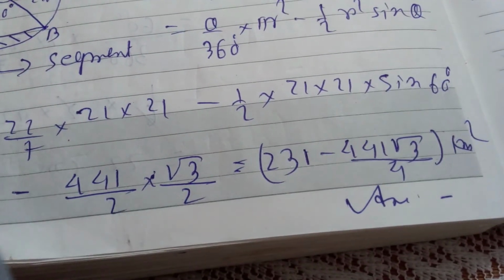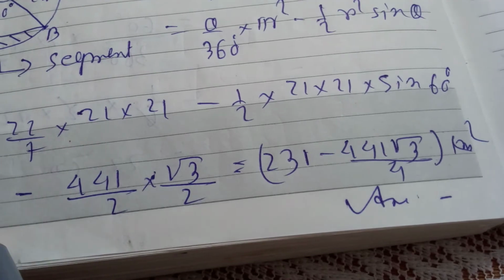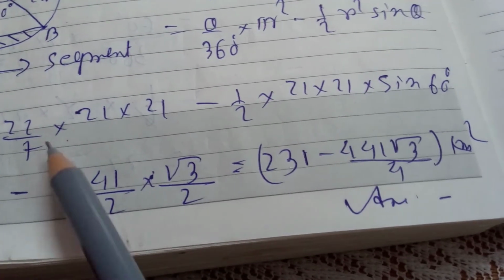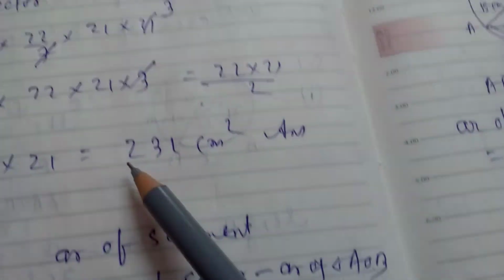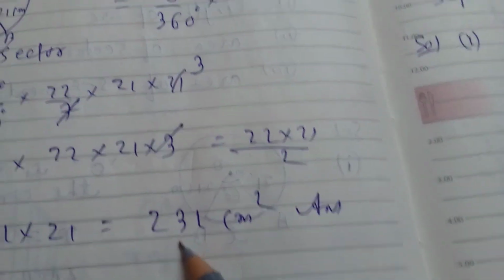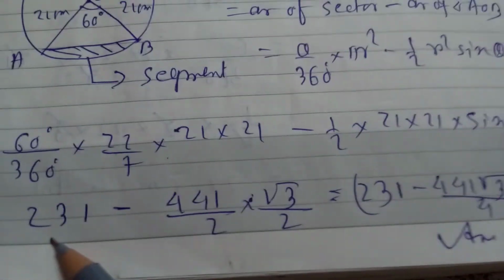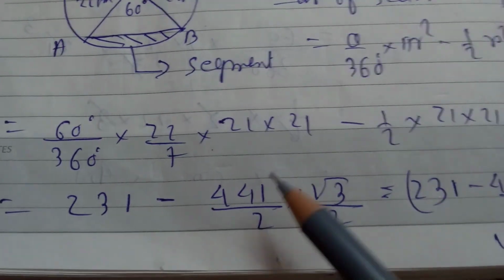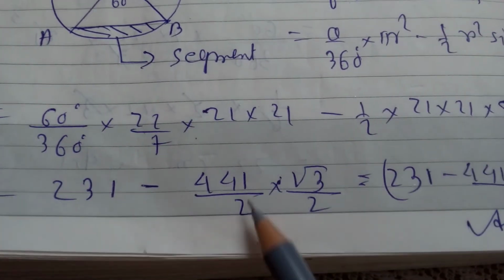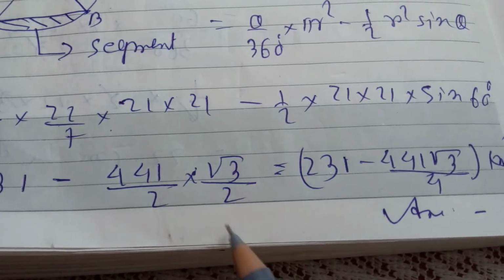Now after calculation here 231 is coming because in the previous question I have taken the value of area of the sector which is 231. So I have written here the values. Minus 441 by 2 into root 3 by 2. Now 231 minus 441 root 3 by 4 centimeter square. Answer. Okay.